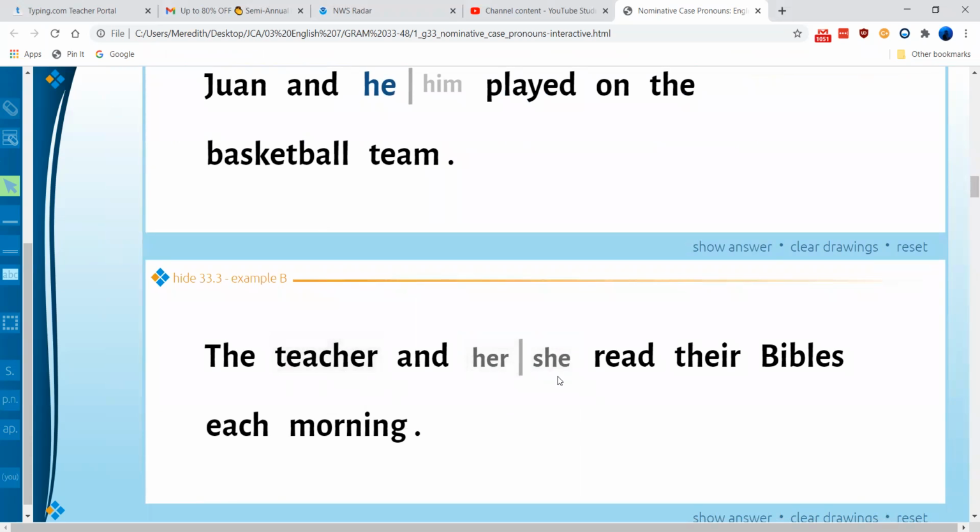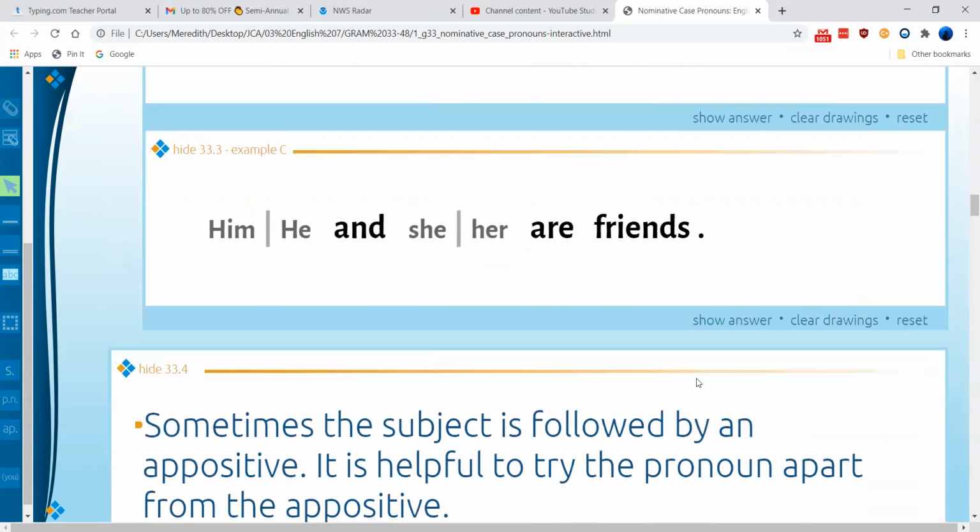The teacher and her or she read their Bibles each morning. Take out the teacher and just say her read their Bibles each morning. No, she read her Bible, so you know that it's she. All right. Him or he and she or her are friends. We'd say he and she are friends. So those will be the correct cases.